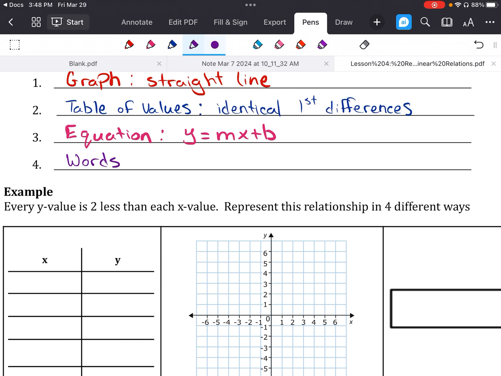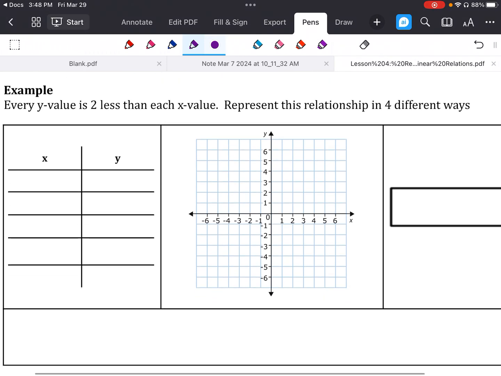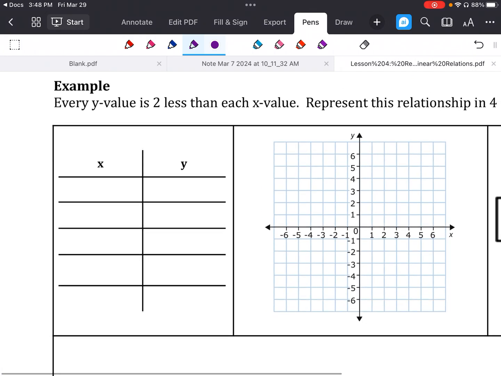Example, every y value is 2 less than each x value. Represent this relationship in 4 different ways. So if we start at 0, just count 0 to 4. The y value is 2 less than the x value, so we're just subtracting 2. 0 minus 2 is negative 2. 1 minus 2 is negative 1. 3 minus 2 is 1.